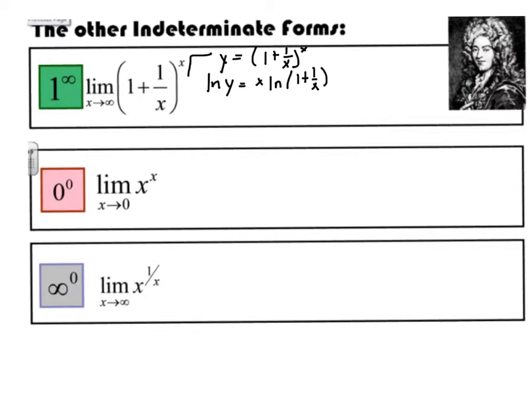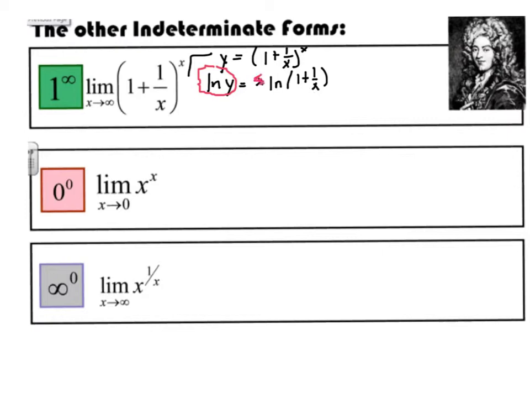Okay, now I'm going to take the limit of both sides, and I'm going to ignore this for a minute, but just remember it, okay? So now I want you to think about plugging in infinity. This would get large, infinity, 1 plus 0, so the natural log of 1 is 0, infinity times 0. This is one of those forms we saw in the previous slide.